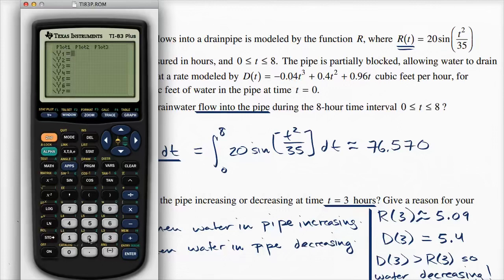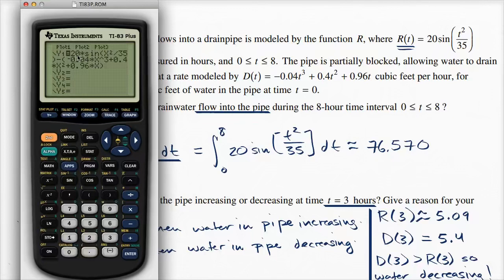So let's do that. y1 is going to be 20 times sine of x squared divided by 35, close parentheses, minus, open parentheses, you have negative 0.04 times t to the third power, so I'll write times x to the third power, plus 0.4 times x squared plus 0.96 times x, and then I can close these parentheses.